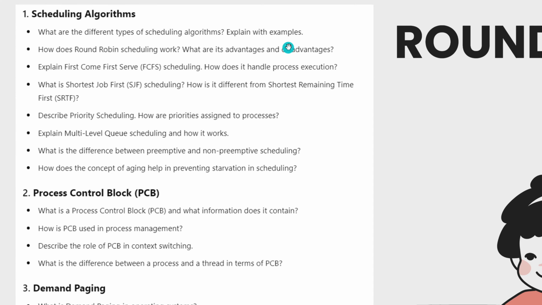Each individual faced different types of questions, and I have gathered only the few questions which were repeated for all of them: different types of scheduling algorithms, first come first serve scheduling, shortest job and priority scheduling, multi-level queue, the difference between preemptive and non-preemptive scheduling, and the concept of aging.